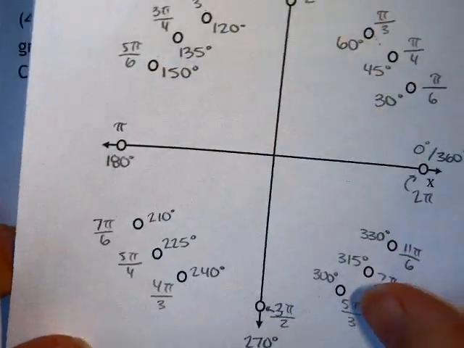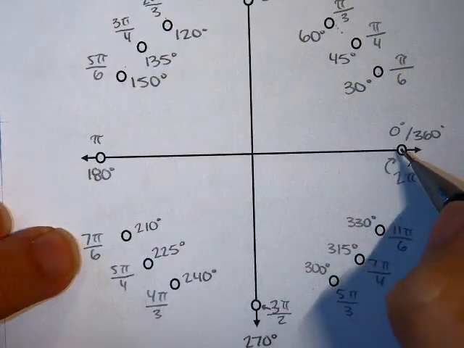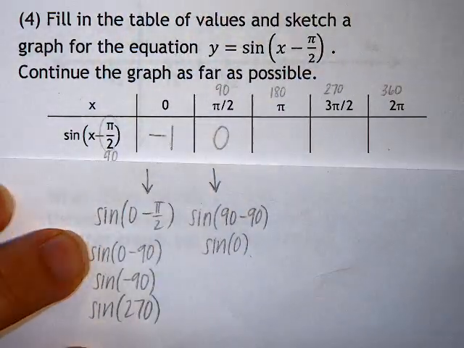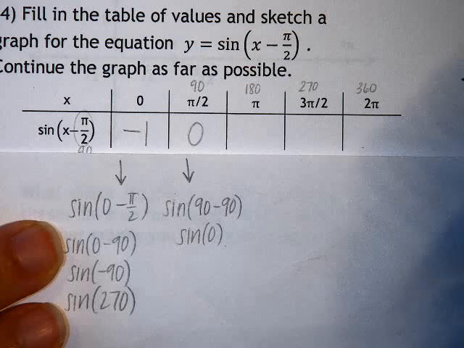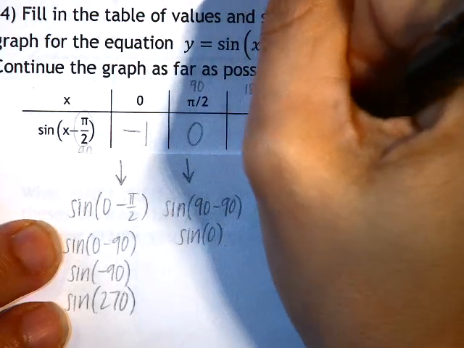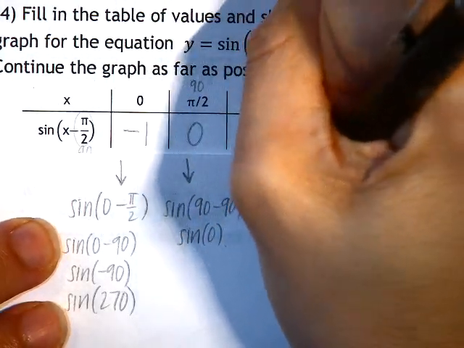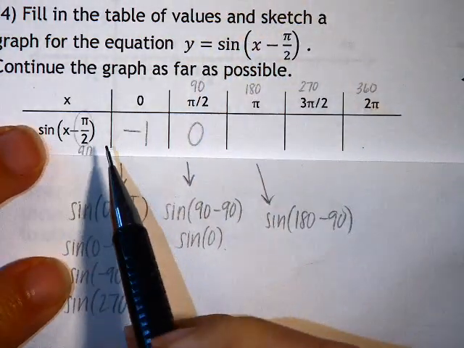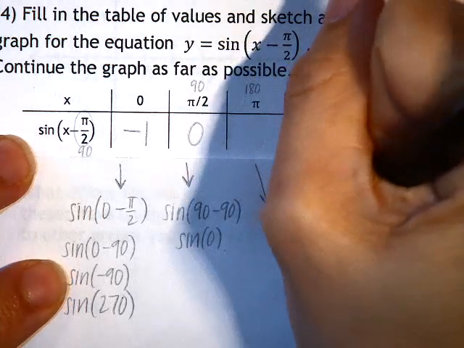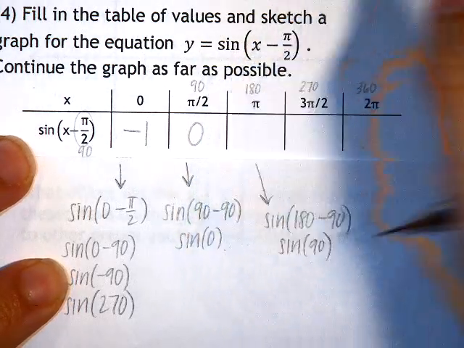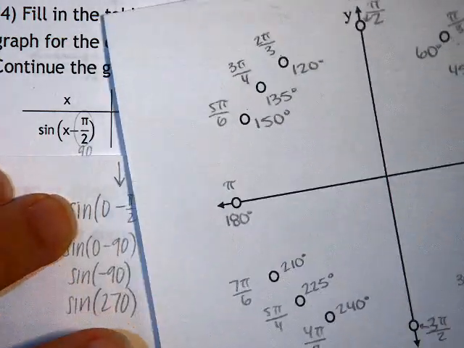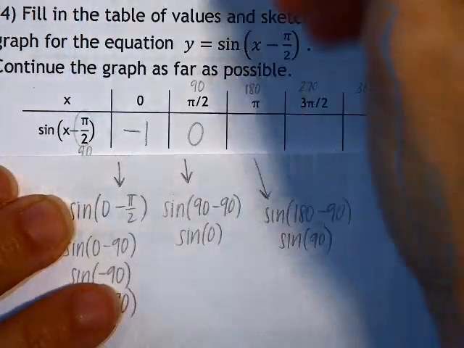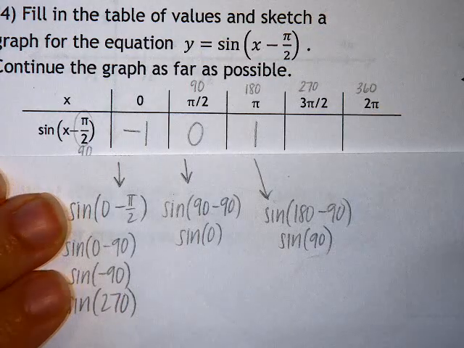So if I go to my unit circle, the height or the sine at 0 is 0. So I know the second value is 0. Then I'll do the same thing for pi, which is really at 180. That's going to be sine of 180 minus 90 if I go back to my equation. So 180 minus 90 is 90. That's a familiar number. The sine of 90, or the height at 90, is 1. So 1 will be my next value.